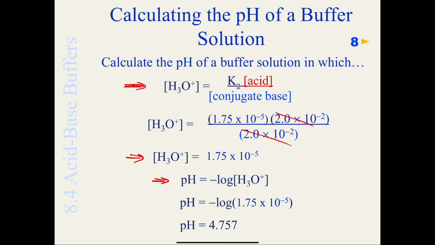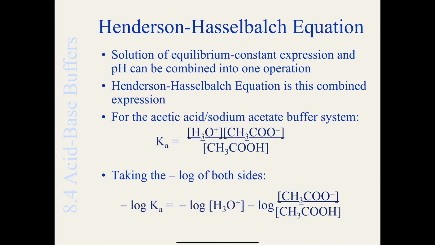And since there are 3 sig figs in my concentration, I will report my pH with 3 numbers past the decimal place. So I get a pH of 4.757.